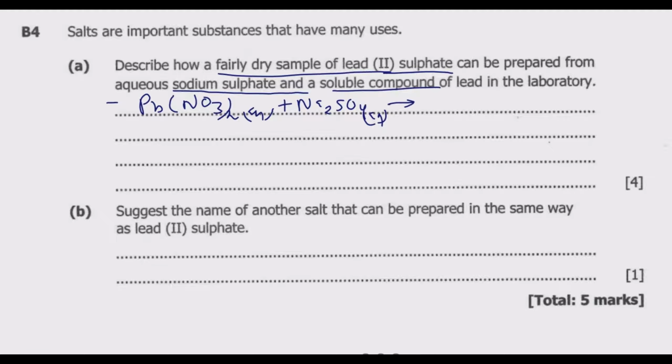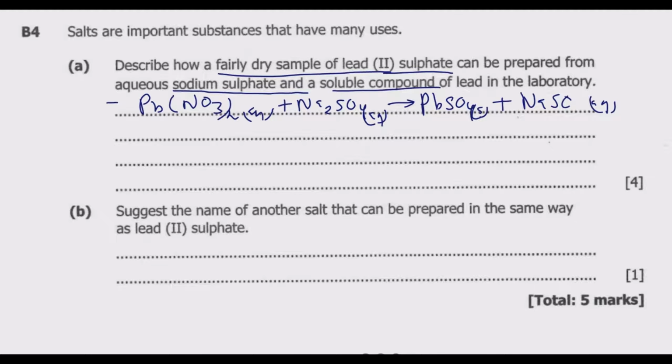Then when we react these two, we are going to get lead sulphate, which is a precipitate or solid. The other product will be sodium nitrate, which will be in aqueous solution.